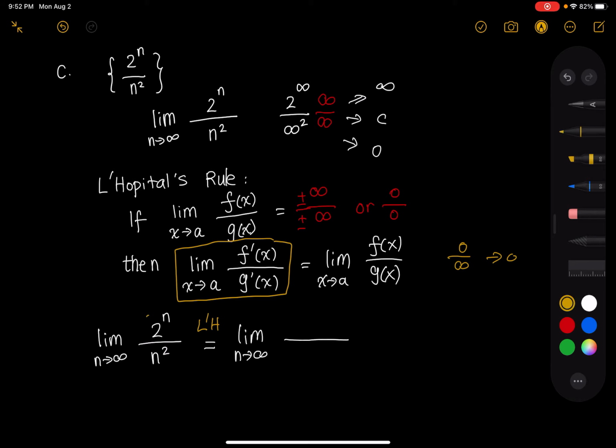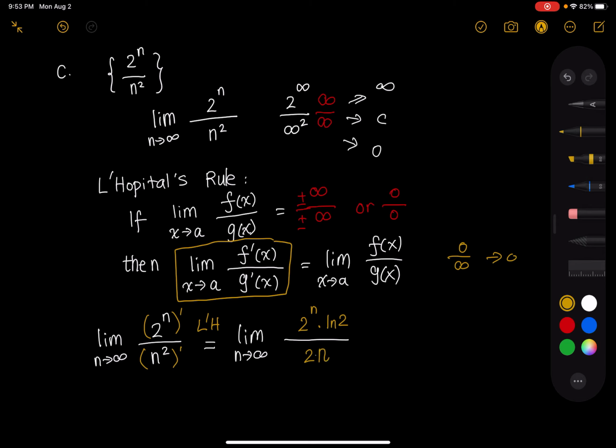We take the derivative of 2 to the nth power, and we take the derivative of n squared separately. The derivative of 2 to the nth power is 2 to the nth power times ln of 2. And the derivative of n squared is 2n.